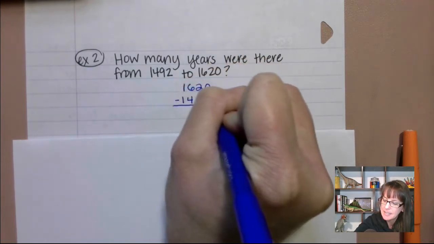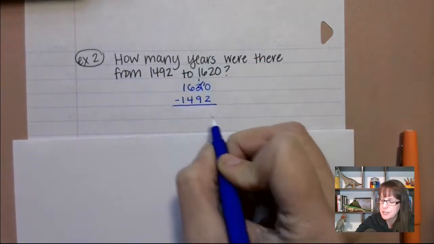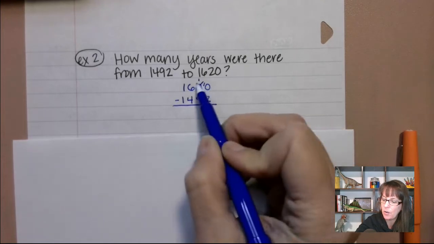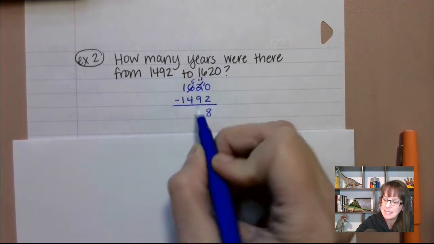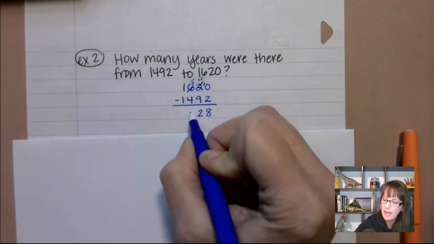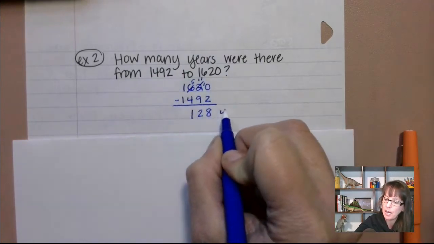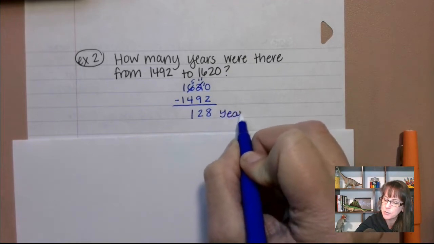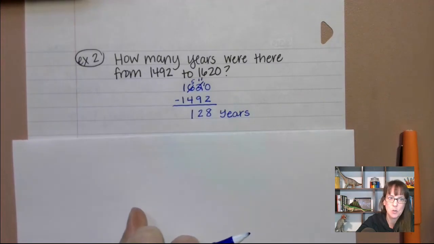Okay, 0 minus 2 I can't do, so I'm going to make that a 1 and make that a 10. So I get 8, and then 1 minus 9 I can't do, so I have to borrow. So I have 11 minus 9 is 2. And then 5 minus 4 is 1, and 0, 0. So there were 128 years between 1492 and 1620.